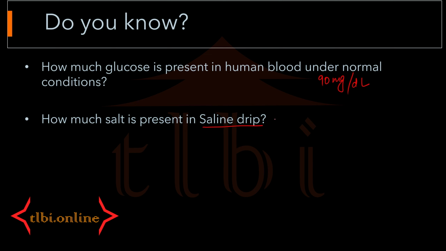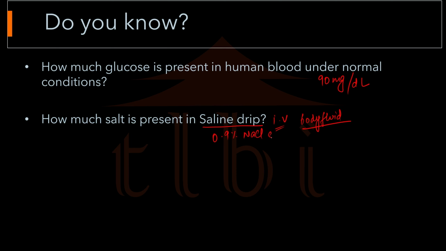A saline drip is given intravenously when someone loses a lot of body fluid, right? This body fluid is lost in the form of vomiting or diarrhea. So it is to replace the body fluid loss during such conditions, and it contains about 0.9% sodium chloride solution in water.